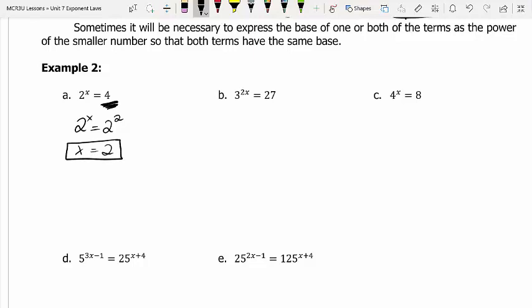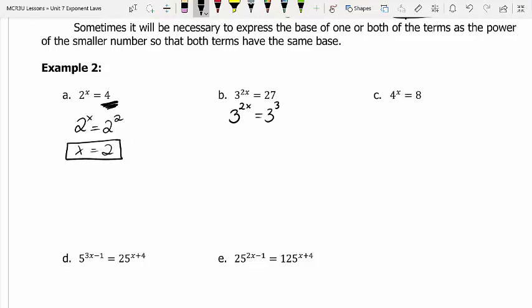Part B, we do not have like bases here. So let's convert 27 into an exponent with a base of 3. So 27 is the same as 3 to the power of 3, right? If you plug 3 to the power of 3 in your calculator, you're going to get 27.